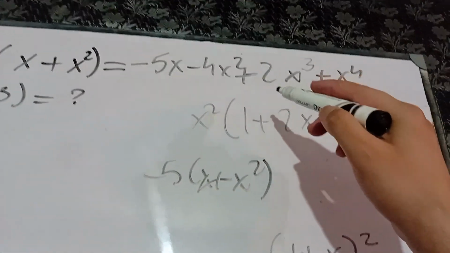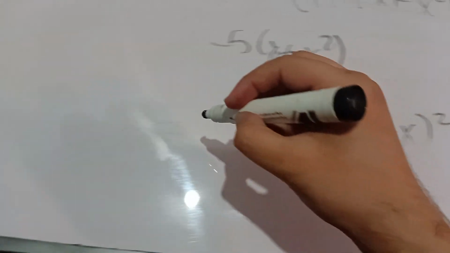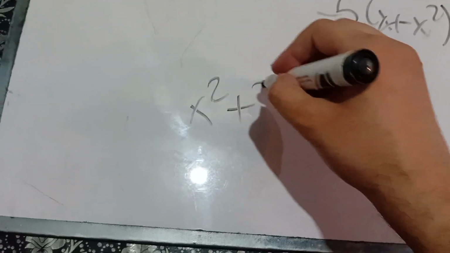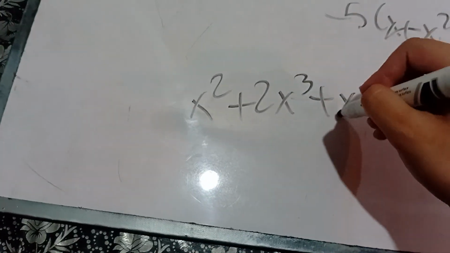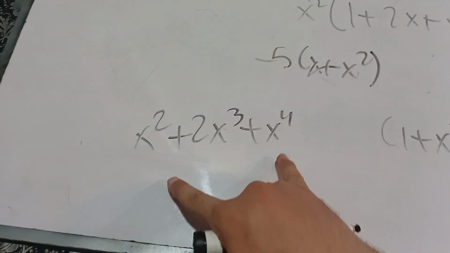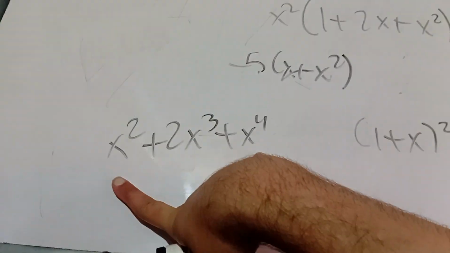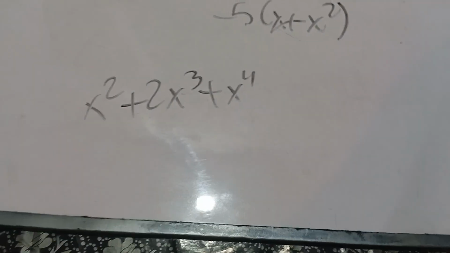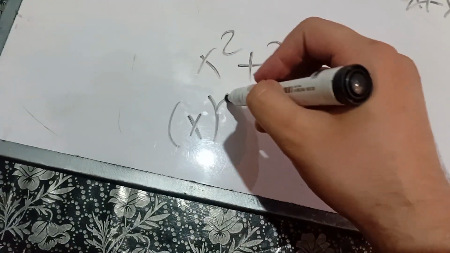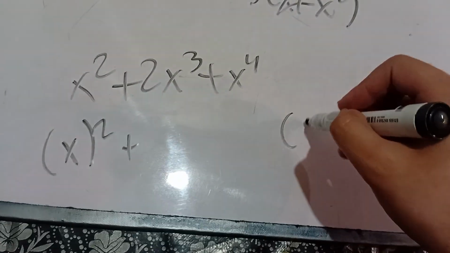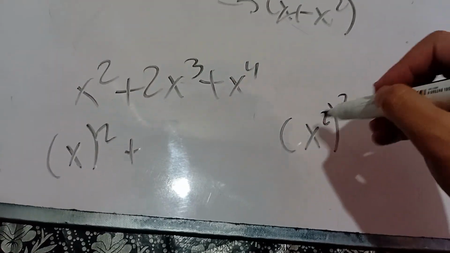Why do we get this expression x squared plus 2x to the cube plus x to the fourth? We see these two are perfect squares, and so we can have an idea as to what we can expect from here.